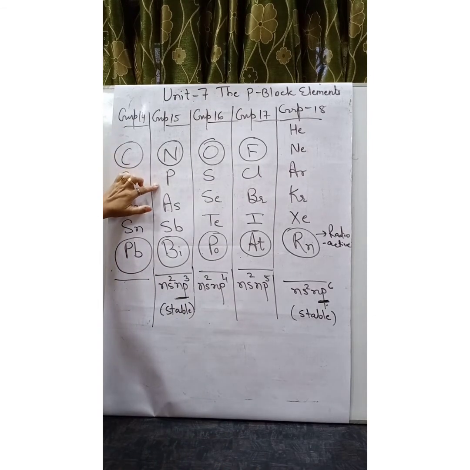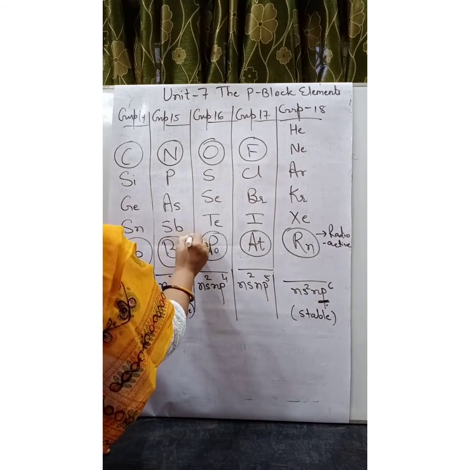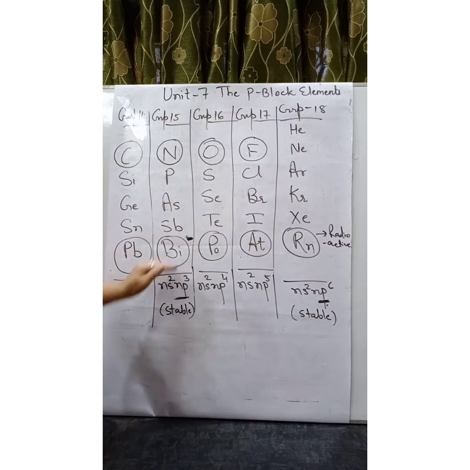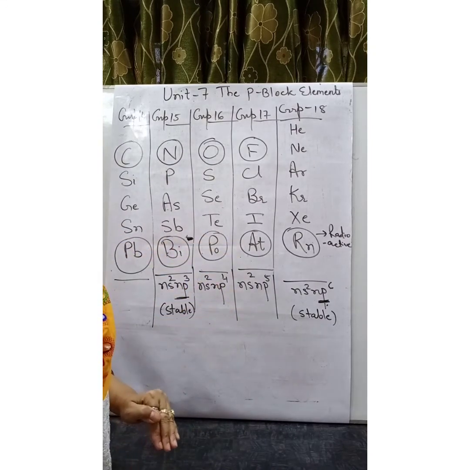If you notice group number 15, you will find that from nitrogen to phosphorus, there is an increase in atomic radius. Then from arsenic to bismuth, we find a small increase in atomic radius. But when it comes here, you notice a sudden decrease in the atomic radius.